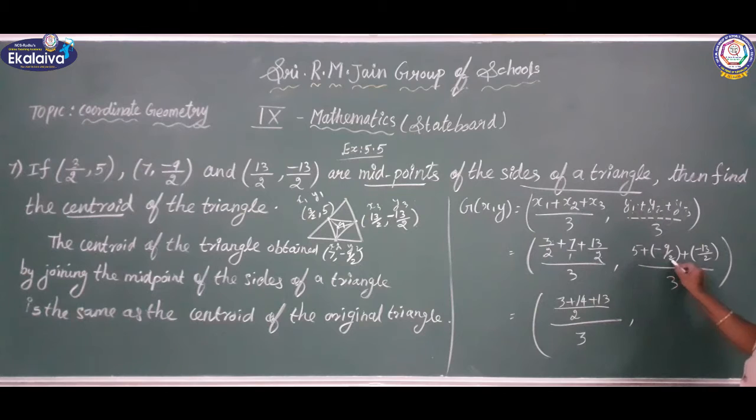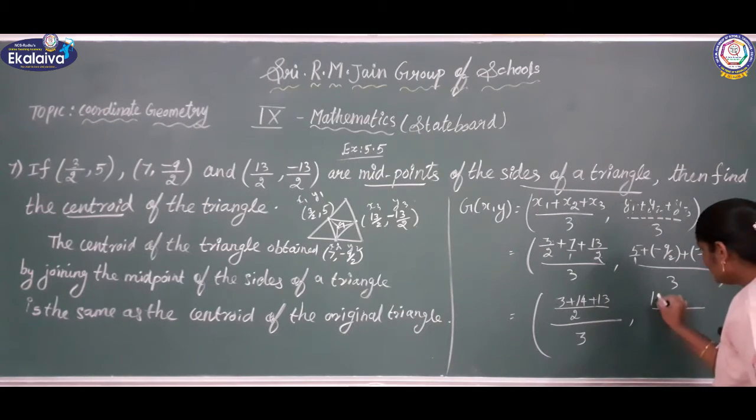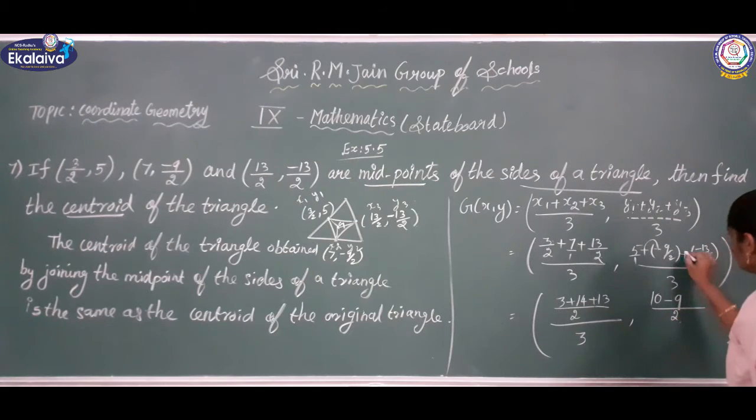Here also denominator 2 is there, take LCM 2. Here the denominator is 1, so multiply with 2. 2 5s are 10, plus minus 9, plus minus 13, because here already the denominator is 2. So write the numerator as it is, divided by 3.